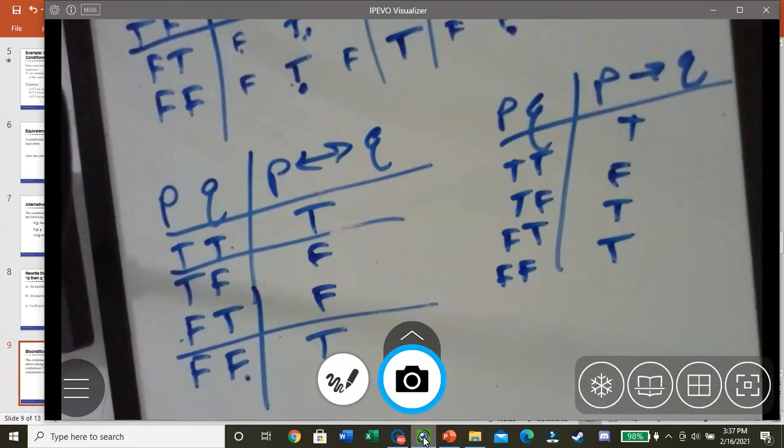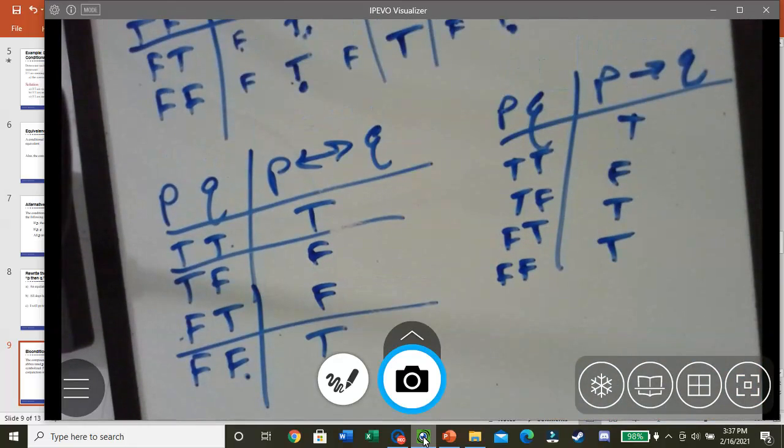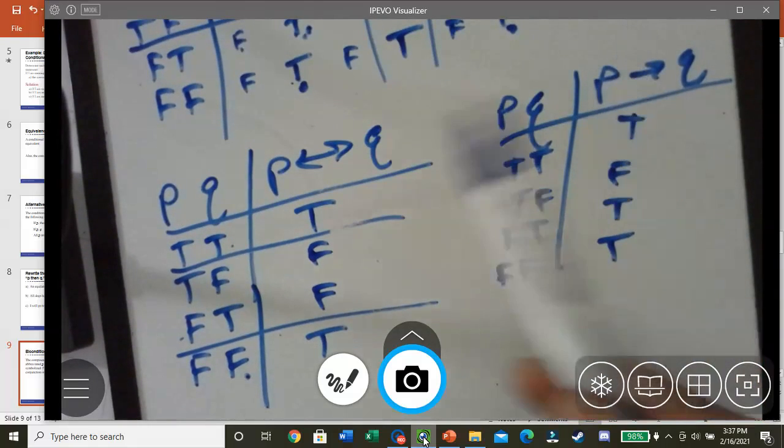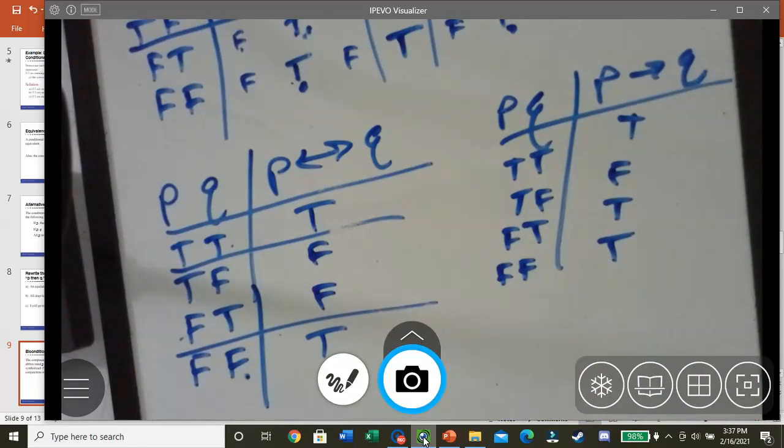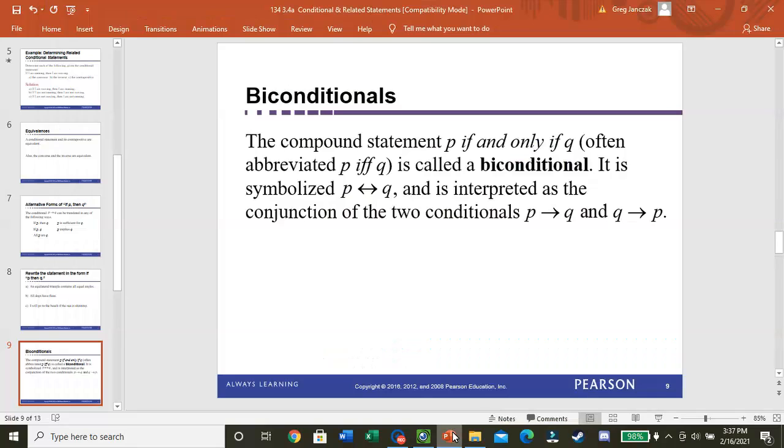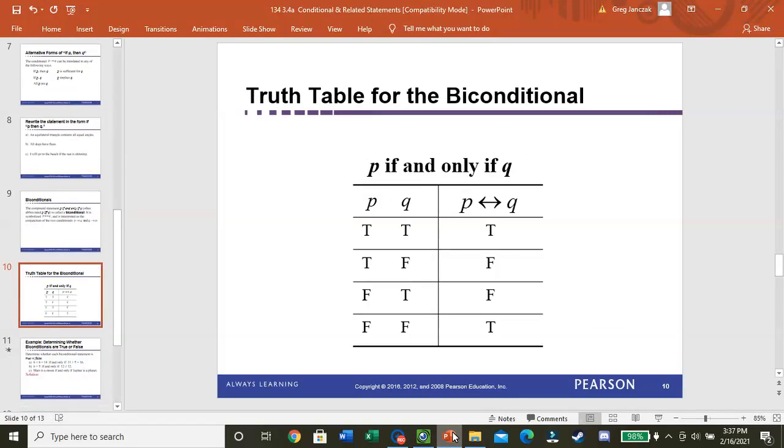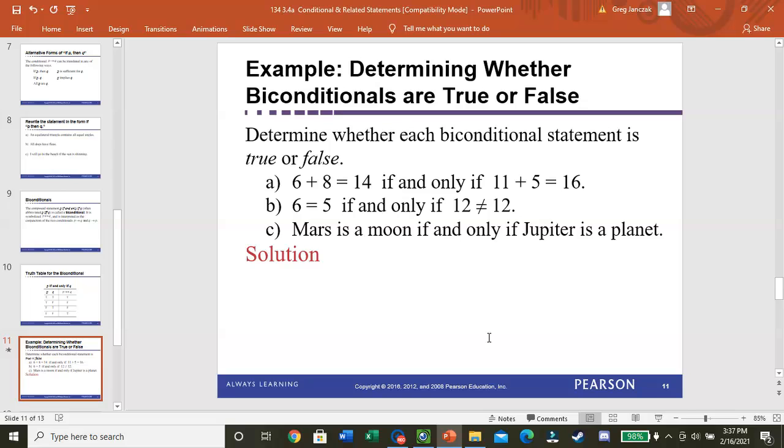So that's a comparison between a conditional statement and a biconditional statement, and that's if and only if. That's what we have here for our biconditional statement: true, false, false, true.